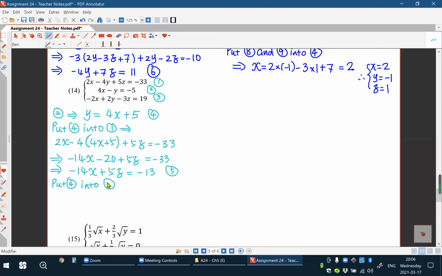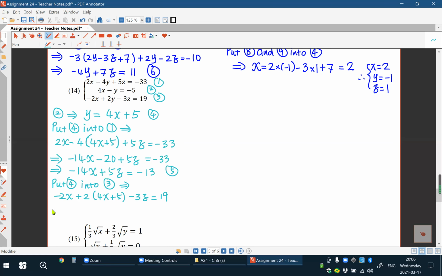Again, let's put number 4 into equation 3, because we haven't used 3 yet. If you put it into 3, you will get minus 2x plus 2y, which means plus 2 times (4x plus 5), and minus 3z that equals 19.